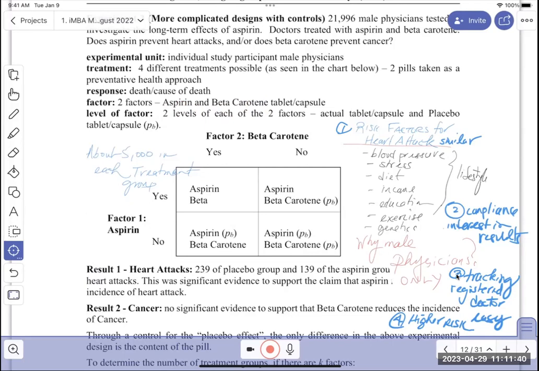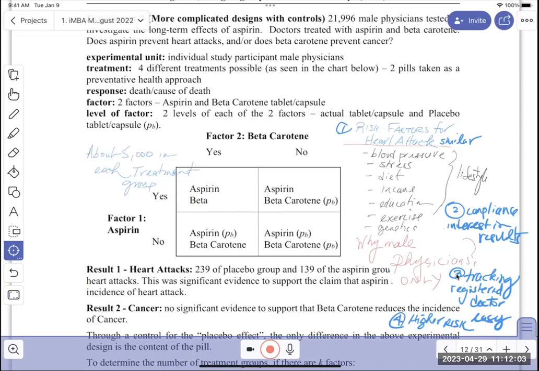So then the first factor is aspirin, and there's a group that got the aspirin and a group that didn't. So this group of people, 10,000 people, because there's 5,000 in each, got the aspirin and 10,000 did not. And they were also randomized according to beta carotene.